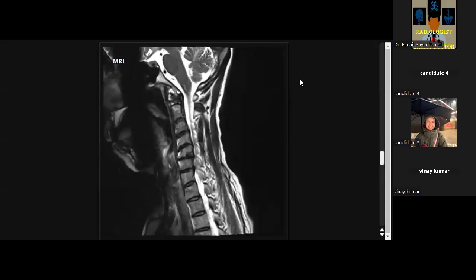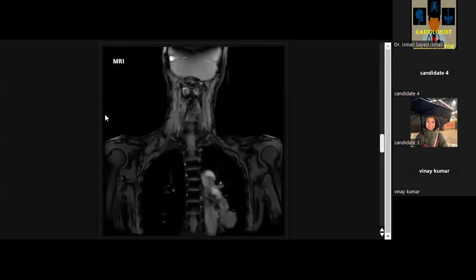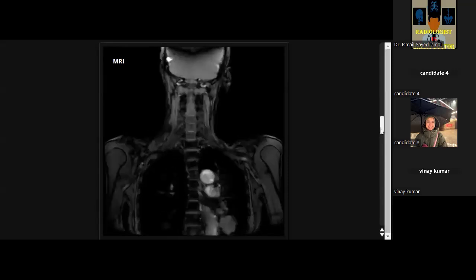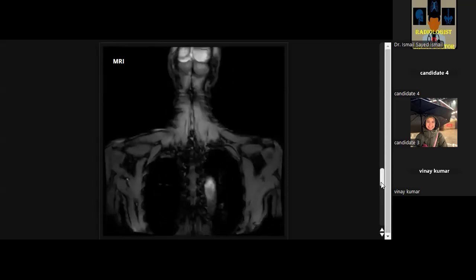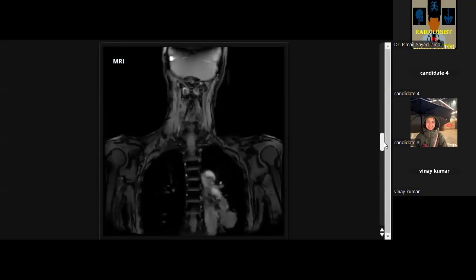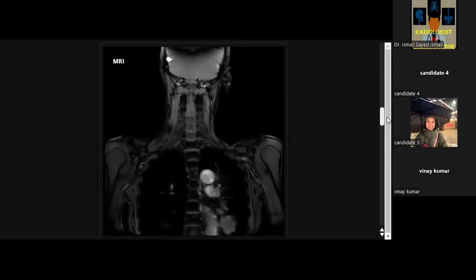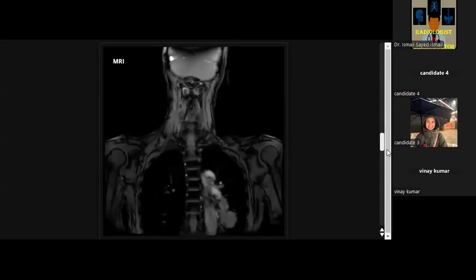I'll give you another sequence. This is a localizer. You can scroll, just two or three images. I'm provided with the localizer images of this patient.